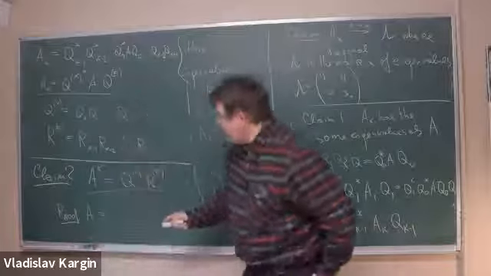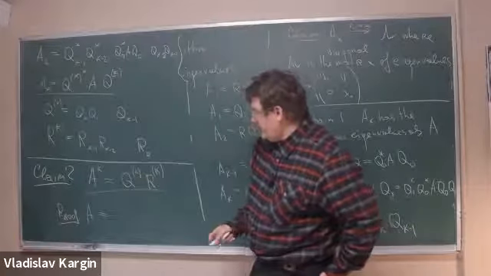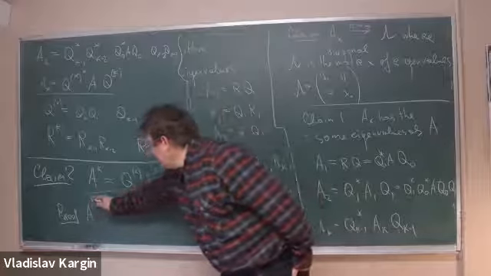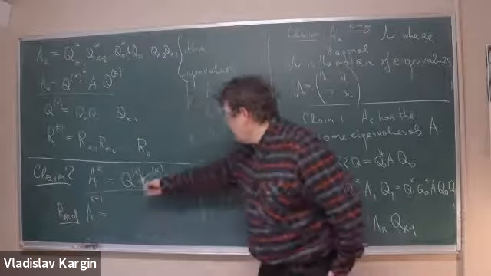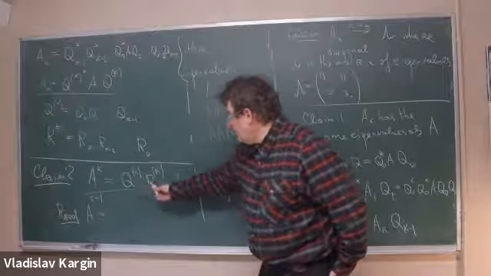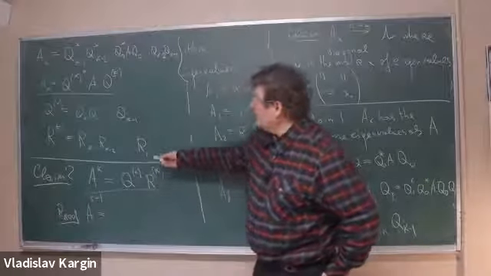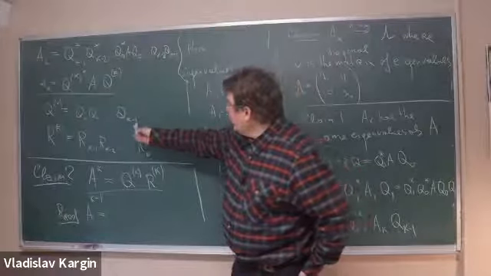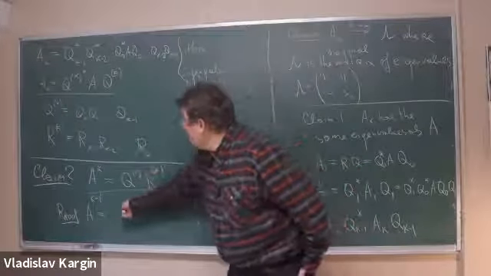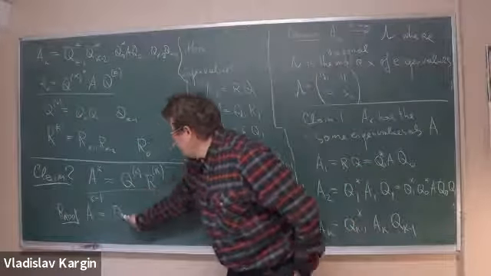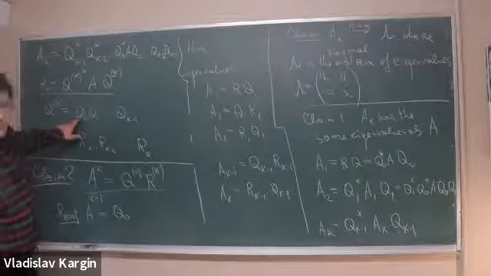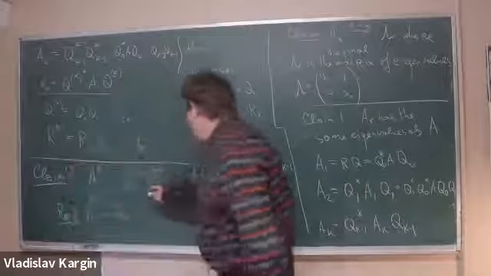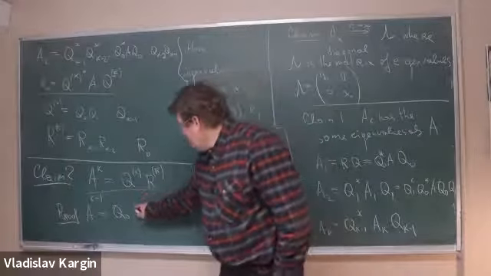So the first case is k equal to 1. In this case, the claim is that A is equal to Q1 R1. And Q1, by definition, is Q0, so it's simply Q0 multiplied by R0.